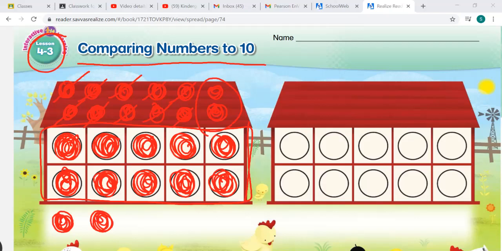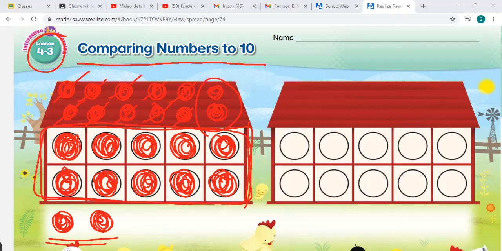Okay, so there are 10 counters here. There are 10 squares in this 10 frame. So that means there's 10 counters. Now I have 2 extra counters. So do you think by looking at this that Mr. Brown has more than 10 horses on his farm or fewer than 10 horses?